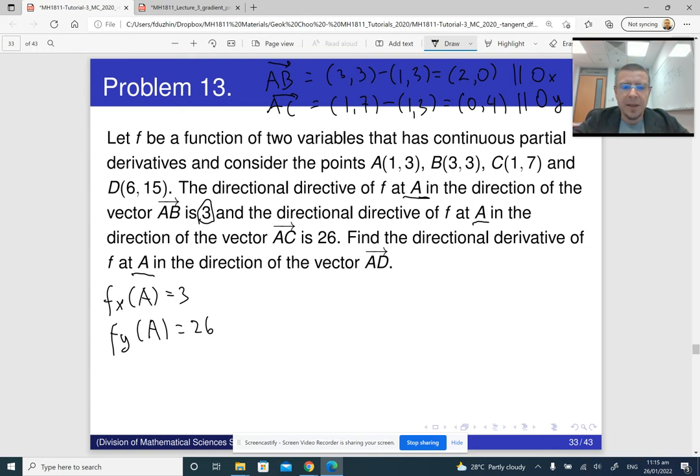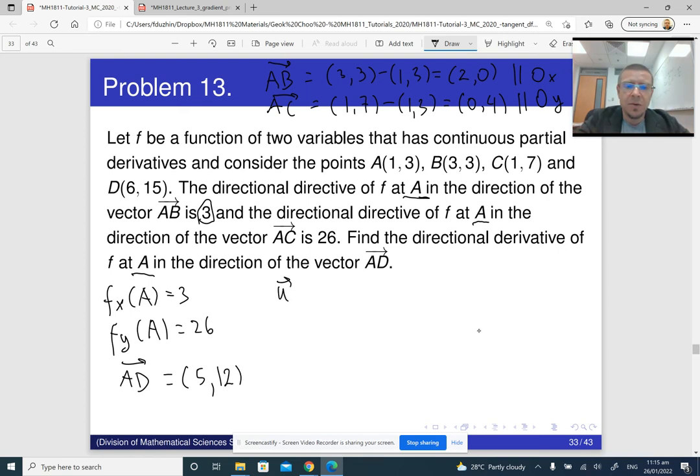Okay. The next stage is to find the vector u, the unit vector in the direction of AD, right? So let's find AD first. AD is really D minus A. So 5, and 15 minus 3 is 12, right?